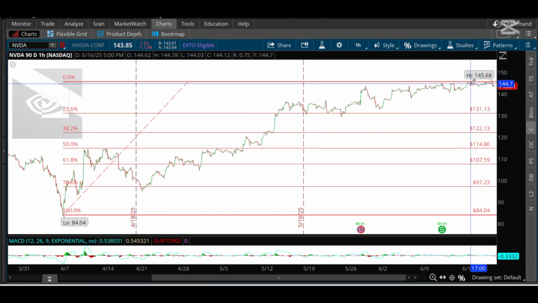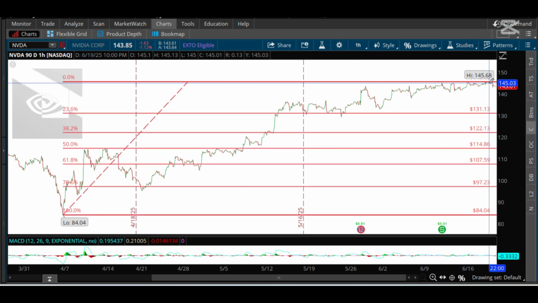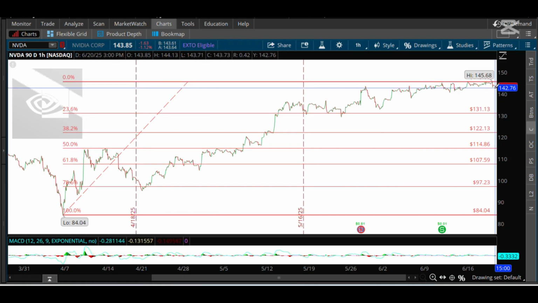Nvidia tried to break the 146 level at least 3 times in the last few weeks, but with no success. So Nvidia might make one more attempt to break 146 in the next few days, but if it is unsuccessful, then in my opinion, Nvidia might go further down, I mean back to below 140, you know.